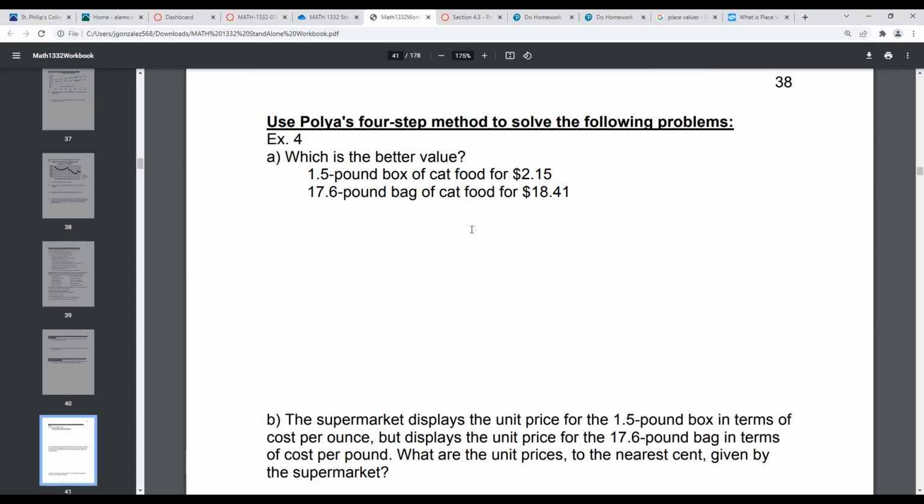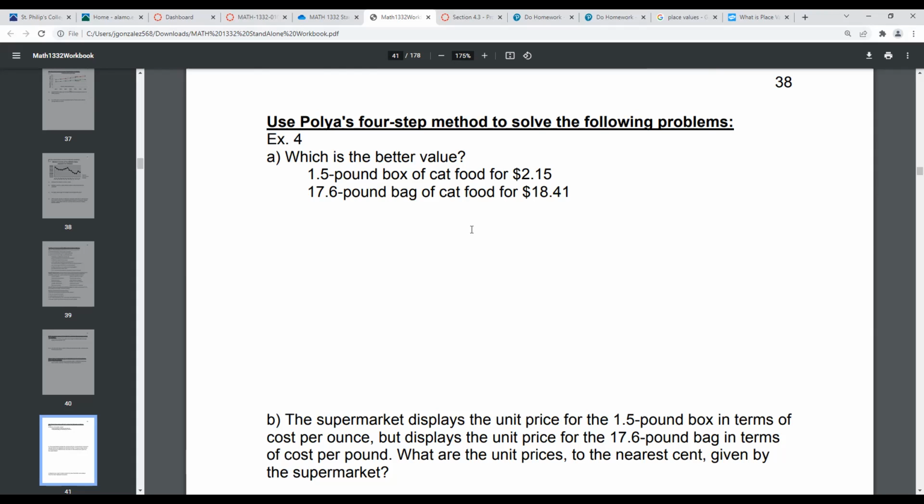If you round it up, then it's 2 pounds, so about $1 a pound. And then the pound bag of cat food is 18, so it's $1.03 a pound. They're pretty close, right?